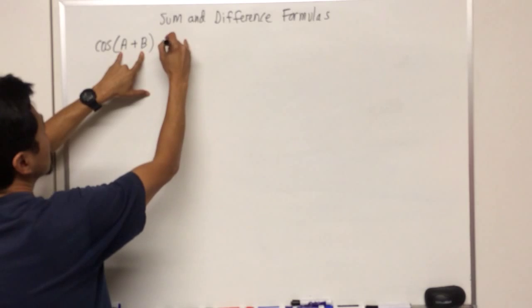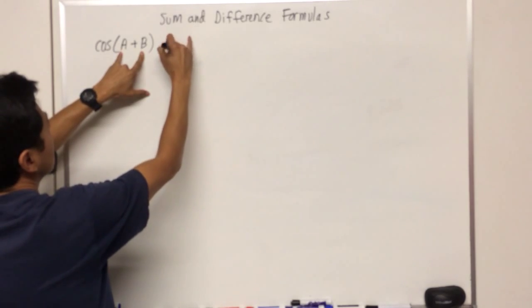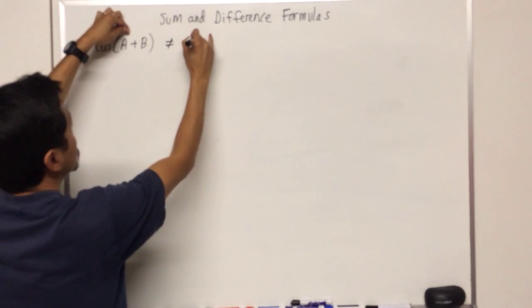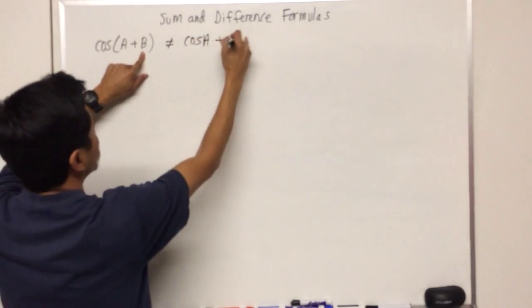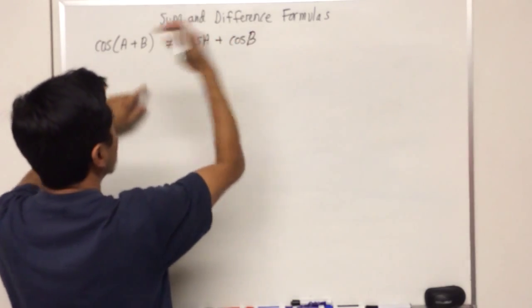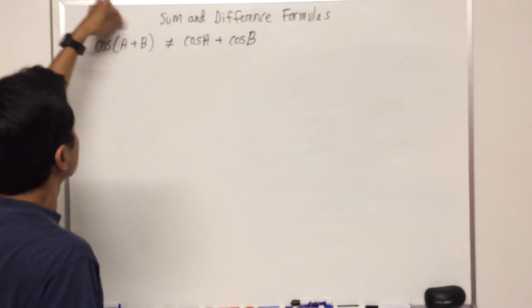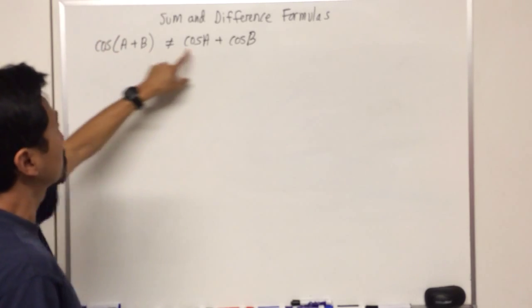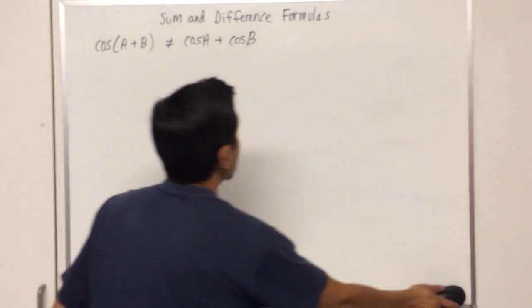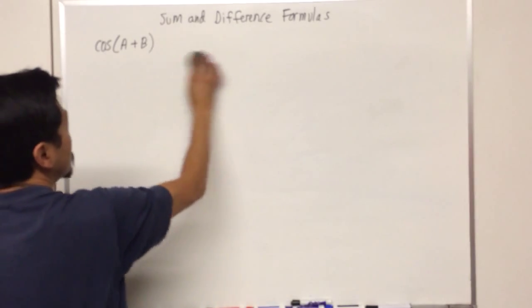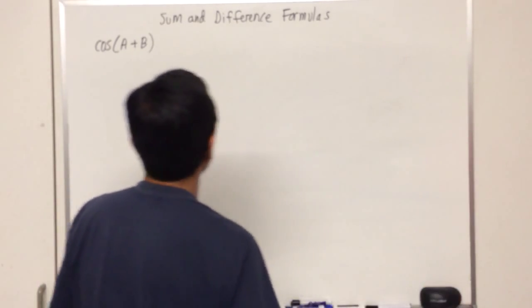Unfortunately, I cannot just distribute this cosine to each angle. Okay? The cosine is not a linear operator. I cannot just pull it through the plus sign. Okay? So the formulas come out to be more complicated.